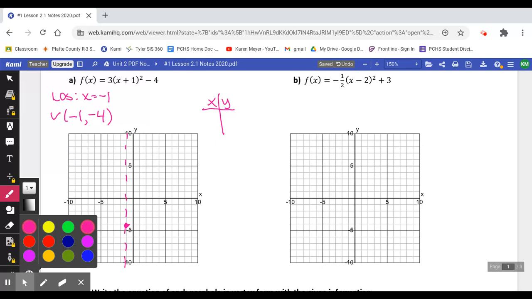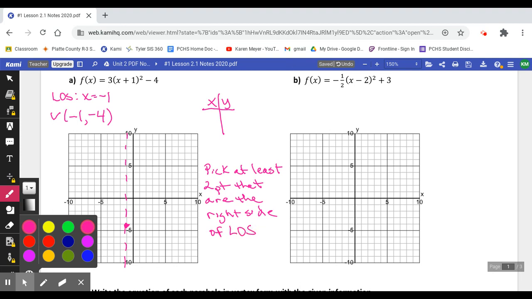Now you can pick any numbers you want on your t-table, but so that we are all consistent, what I would say is we need to pick at least 2 points that are on the right side of the line of symmetry.